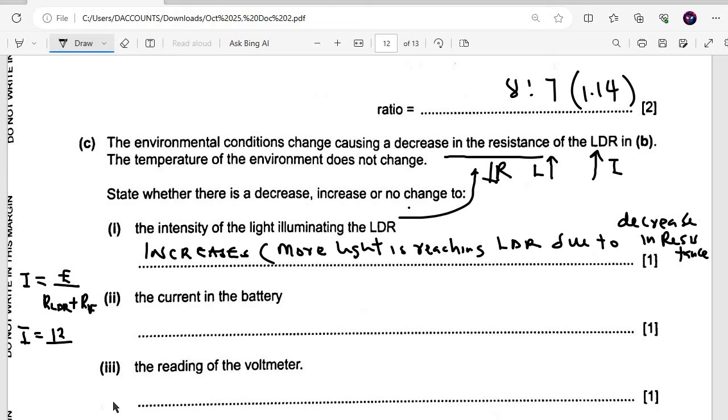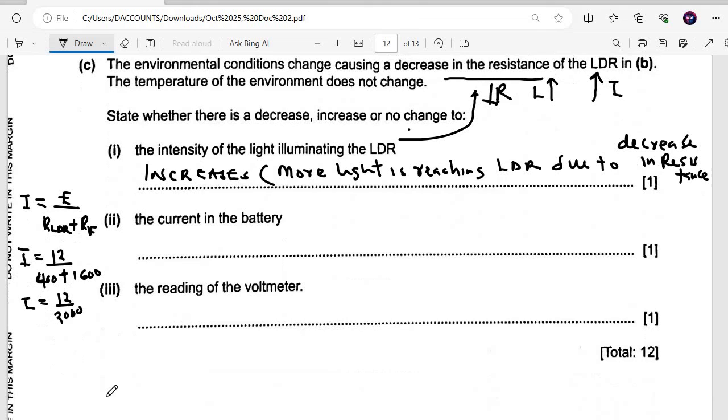The LDR has decreased from 1600, maybe it is now 600. Nothing happened to the fixed resistor, it's still 1400. So at the end of the day, we have 2,000. 12 divided by 2,000 is 6 times 10 to the power of minus 3.